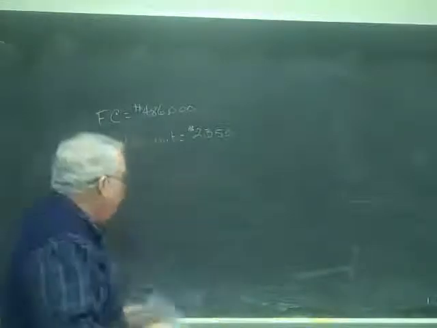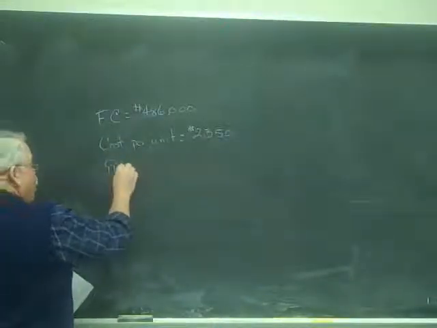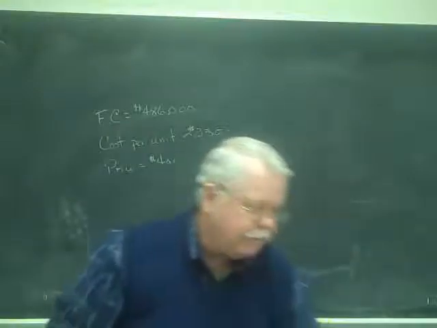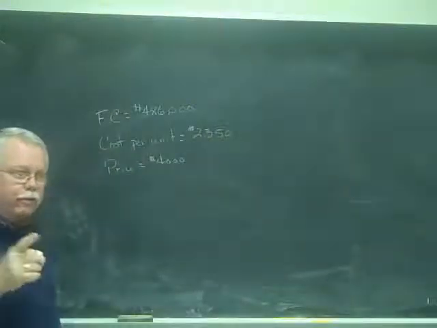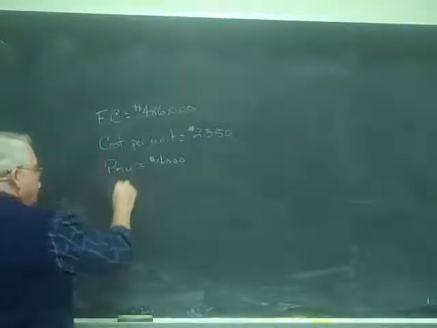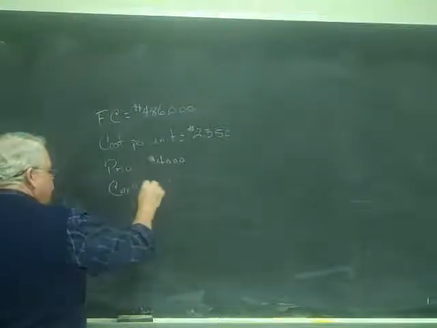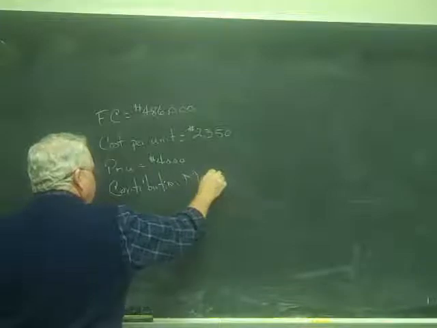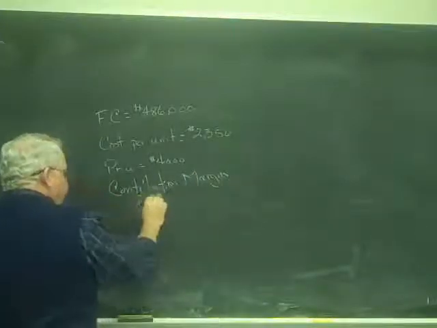It says, suppose you can charge a price for your product of $4,000. That's the situation you're looking at. Let me introduce a term here. It's called the contribution margin, CM.